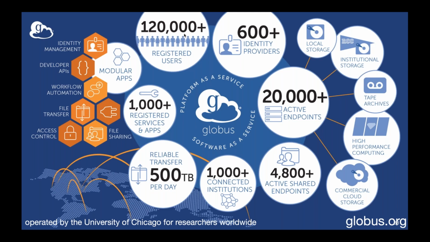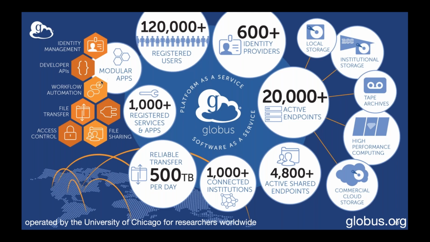Registered users, 120,000, not much to say about that. The identity providers are important. The chances are we already support your institution's identity provider, and if not, it's fairly straightforward to add. And a registered service or application is one that is set up to use Globus Auth for authentication and authorization. Again, it's pretty easy to add these things.